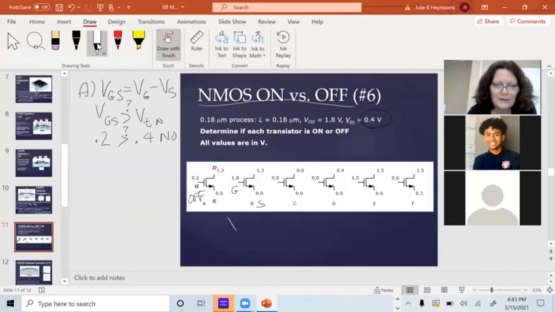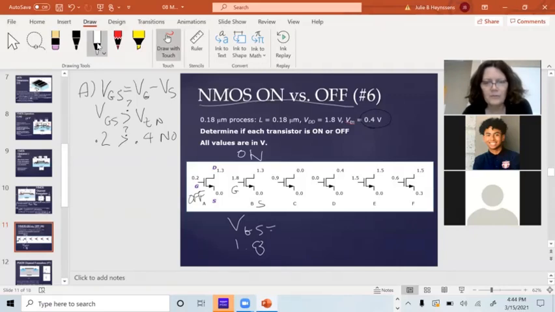So for B, VGS is 1.8, so that one is definitely on. It's greater than 0.4. C, my VGS is 0.9, so this is on. D, VGS is 0, so this one is off.